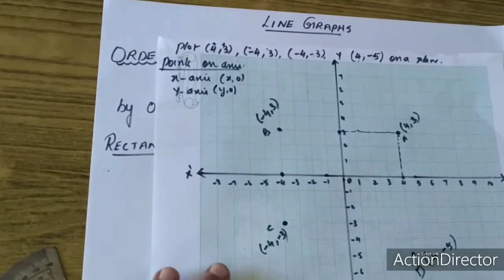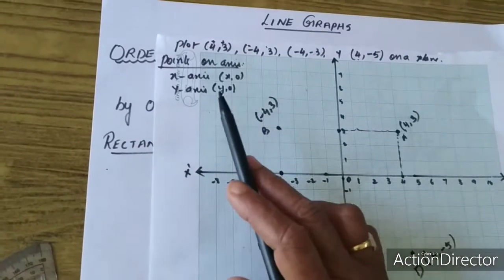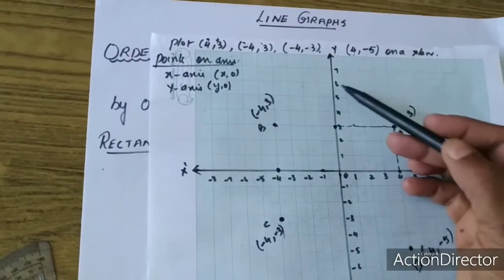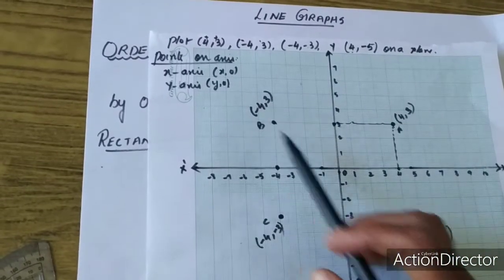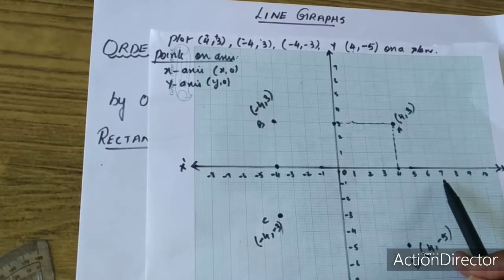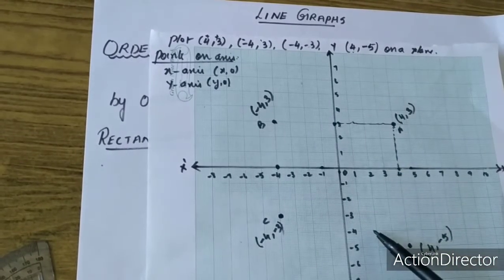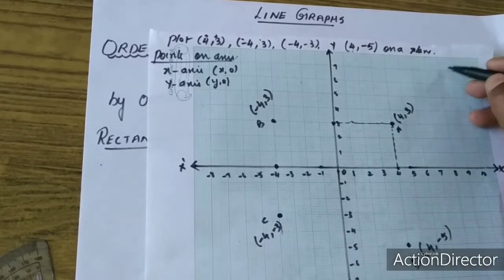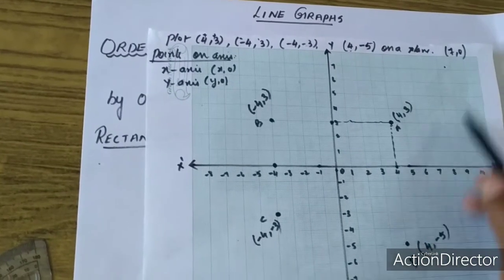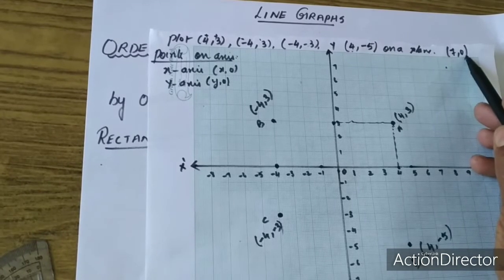Now let us see how we are going to denote a point on an axis. Axis means x-axis and y-axis. So if I want to plot any point on the x-axis, that means my y will be equal to 0. For example, if I want to plot 7, 0, where will this fall? This will fall on the positive side of the x-axis.